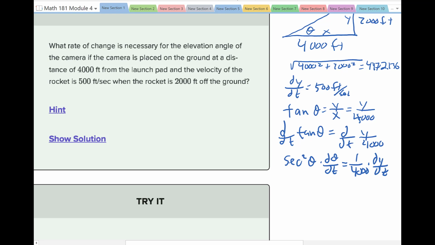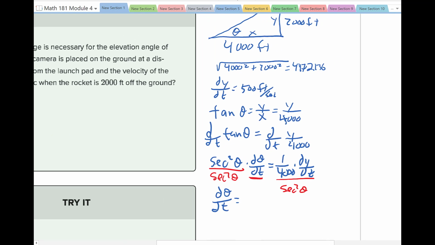Now what's interesting here is that our target is this d theta dt. This is what we're after. So we can divide both sides by secant squared theta. So we're going to have d theta dt equals, let me just move this over, give myself some more space to work.